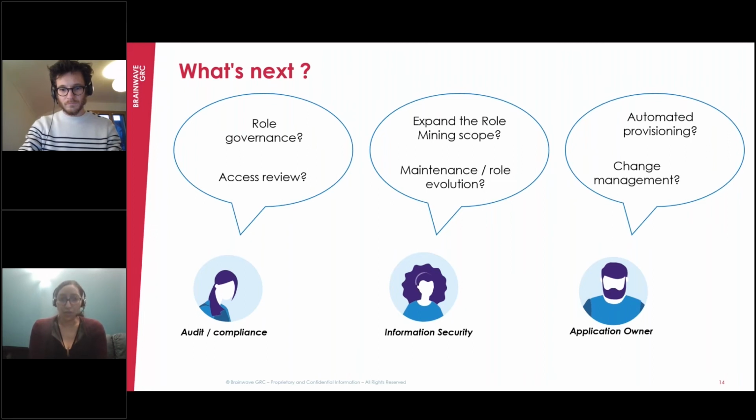You could also be interested in raising awareness and performing change management with your own users in order to give them a more efficient way of requesting access to your application through the role model. So all that can, of course, be included in your respective roadmaps after your role model has been created and published.